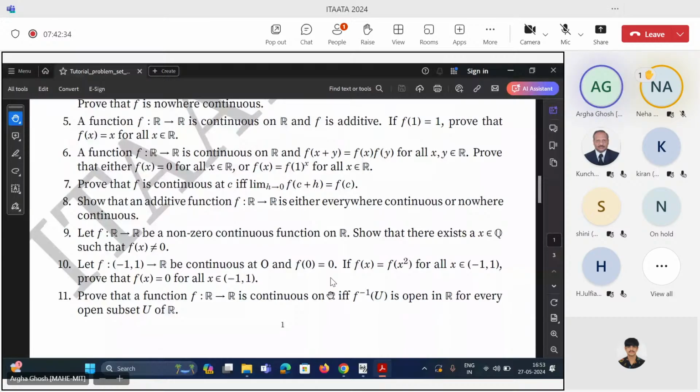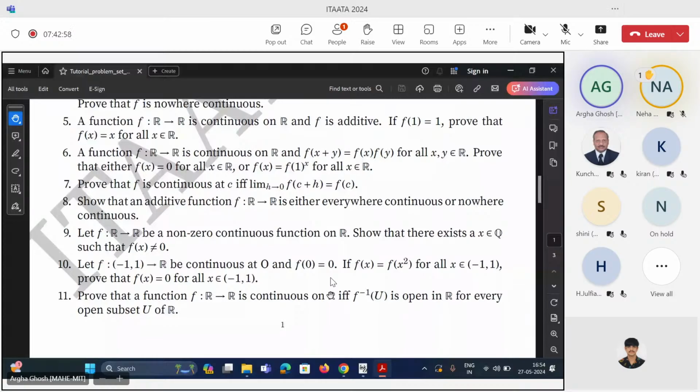For every rational number, it is 0. So we will have at least one point where the value is not equal to 0, because the function is a non-zero function. Let's say f of C is not equal to 0. Then C will be an irrational number.